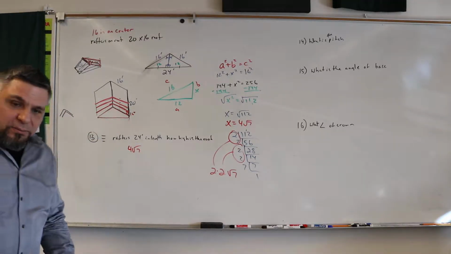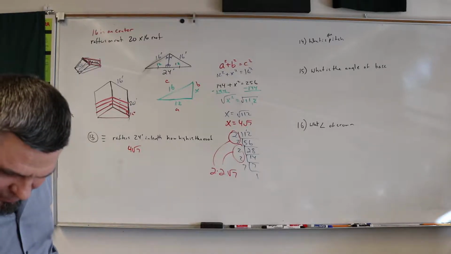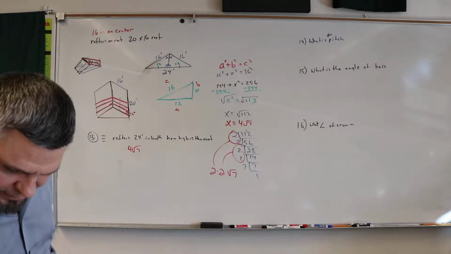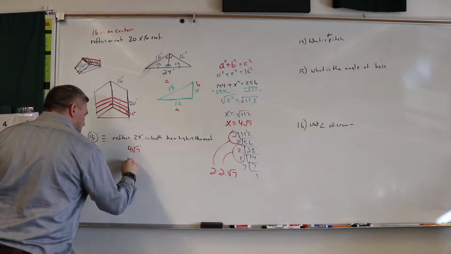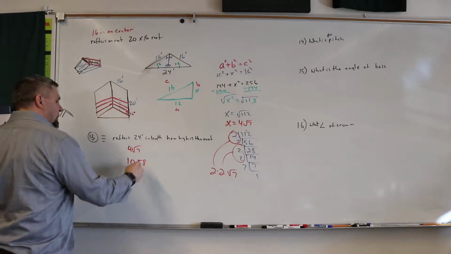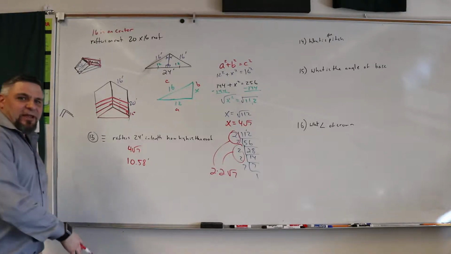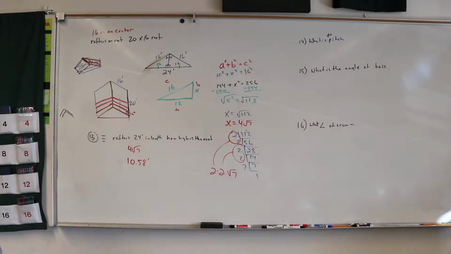And if we want, we could say that 4 square roots of 7 is 10.58 feet. Or 10 feet, 6 inches, 10 feet, 7 inches, something like that. Take 0.58 times 12 and you get about 7.